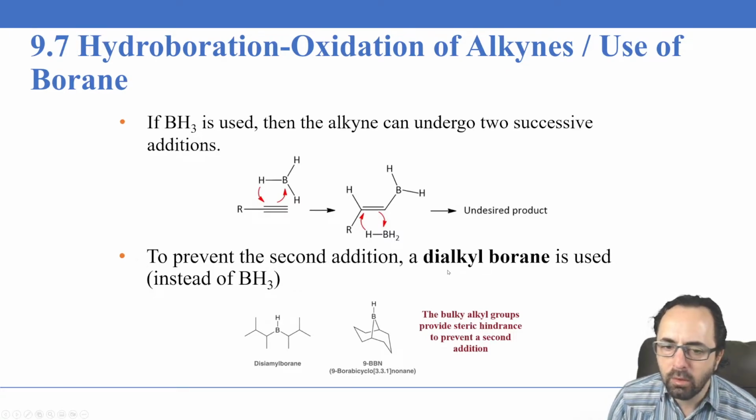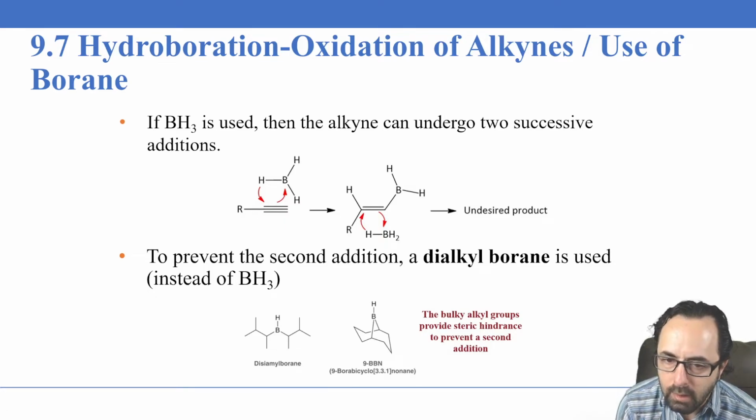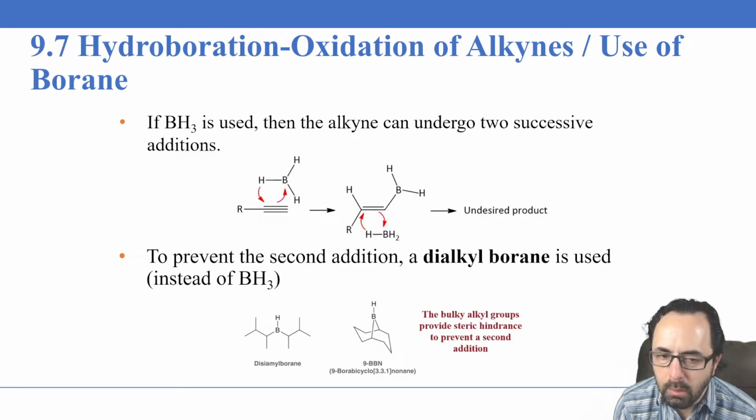So in terms of hydroboration-oxidation, another thing to consider is it does happen in a similar fashion, to some extent, to the alkene. However, if we use BH3, then the alkyne can undergo two successive additions, and we may not get the product that we want.